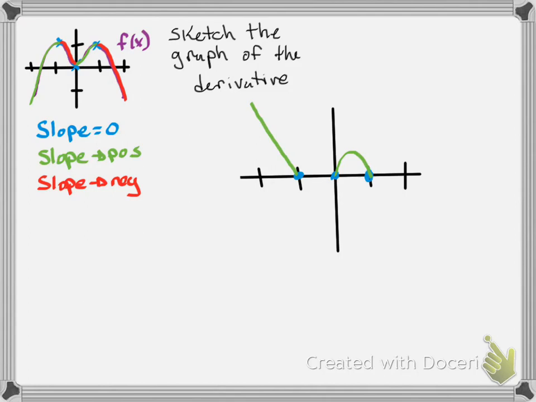So just like we did with the positive slopes, I'm going to drop down, but then cruise right back on up. That way I connect the two dots, but I'm always below the x-axis. After +1, I'm always negative as well. This graph is always decreasing. The slope is always negative, and so I need y values that are always negative afterwards as well.